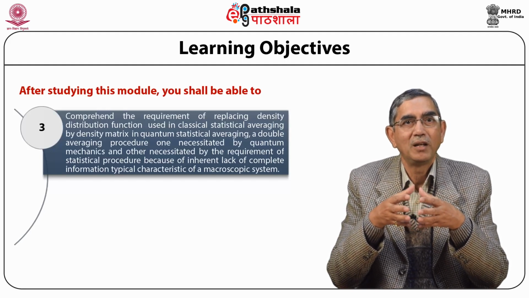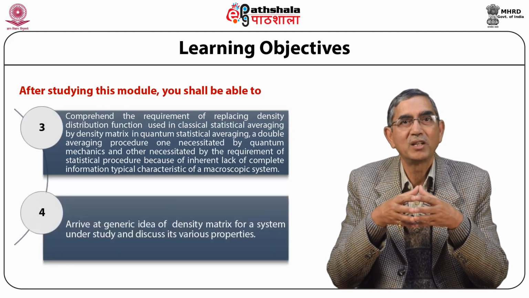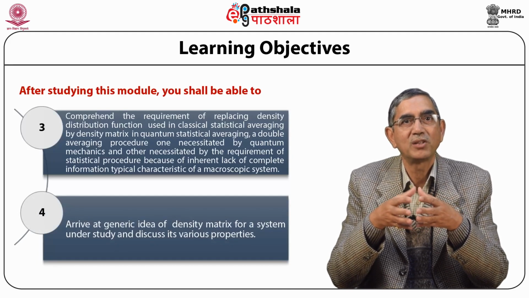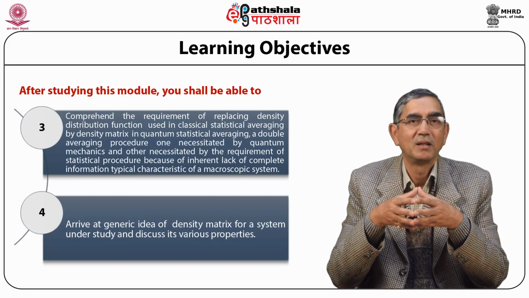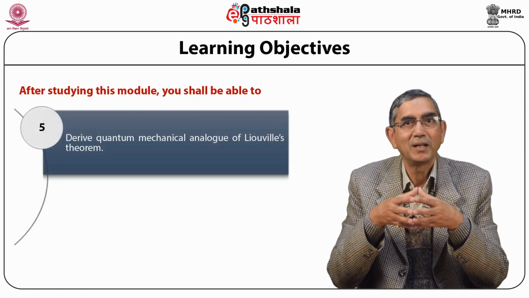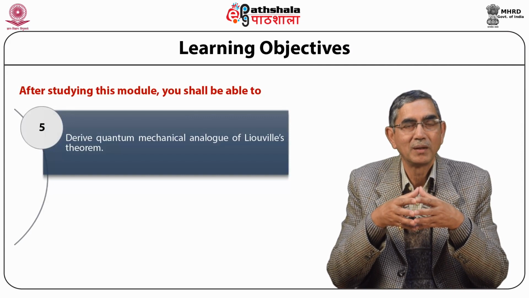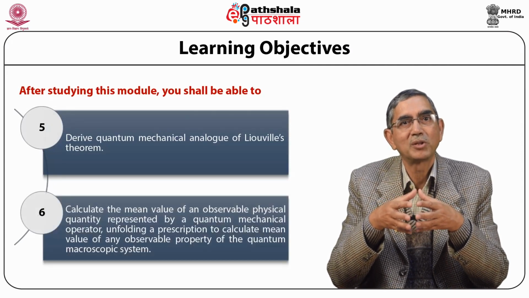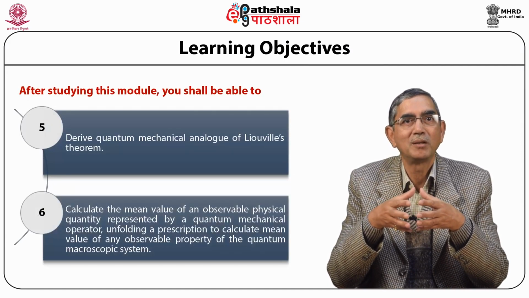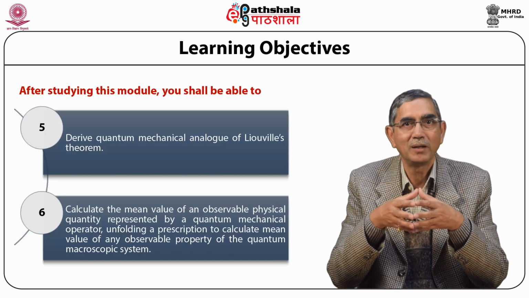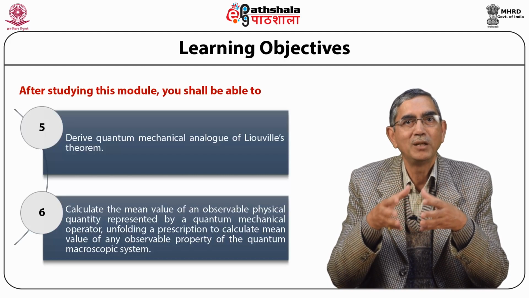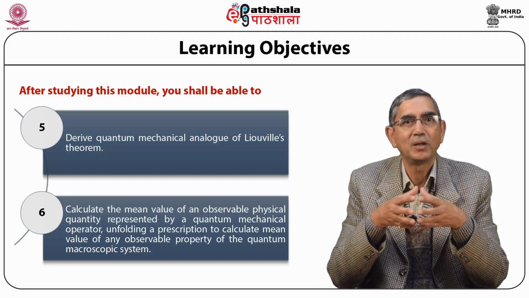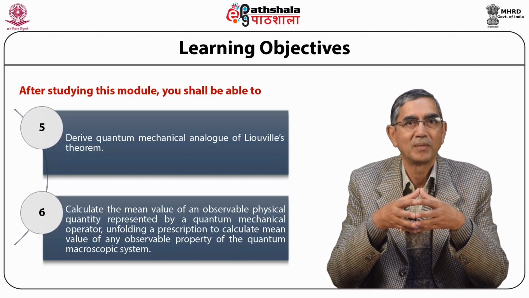We will learn how to arrive at a generic idea of the density matrix for a system under study and discuss its various properties. We shall derive the quantum mechanical analog of Liouville's theorem, and calculate the mean value of an observable physical quantity represented by a quantum mechanical operator, unfolding a prescription to calculate the mean value of any observable property of the quantum macroscopic system.